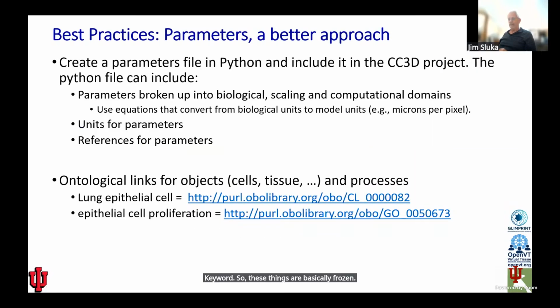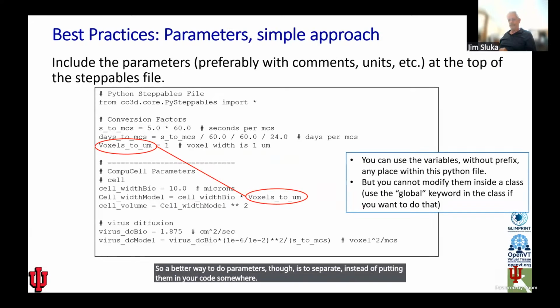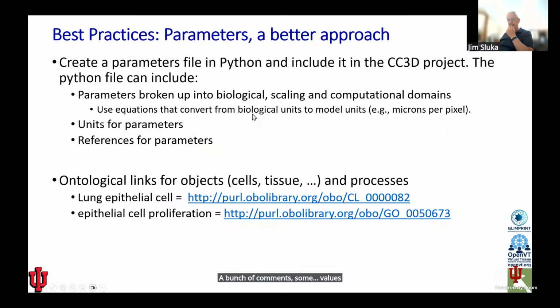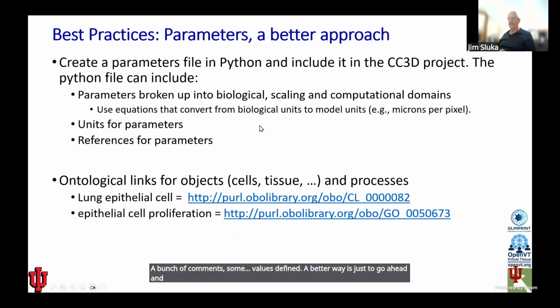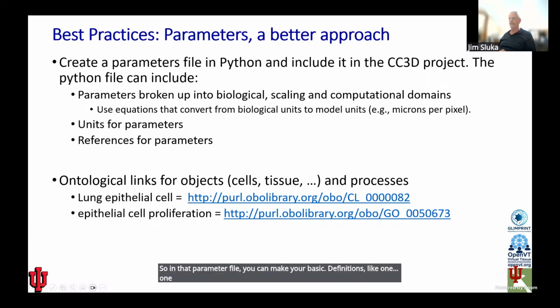So a better way to do parameters, though, is to separate, instead of putting them in your code somewhere, a bunch of comments, some values defined, a better way is just to go ahead and break the parameters out into a separate Python file. And you can include that separate Python file in your CC3D projects. So in that parameter file, you can make your basic definitions like one pixel is 1 micron.